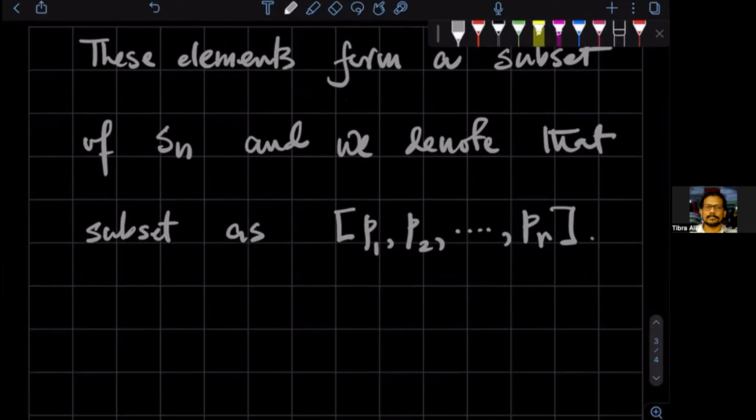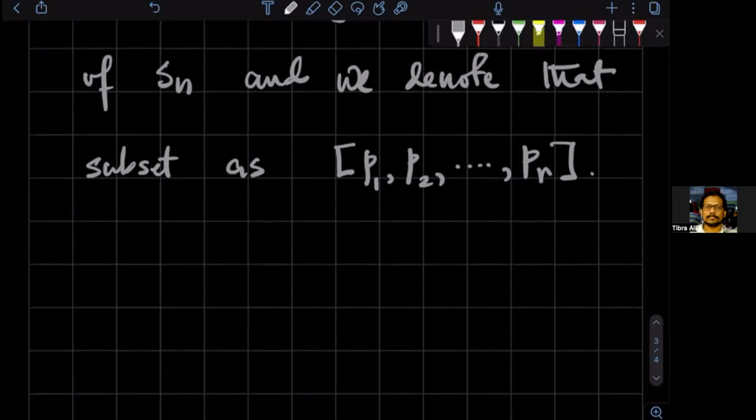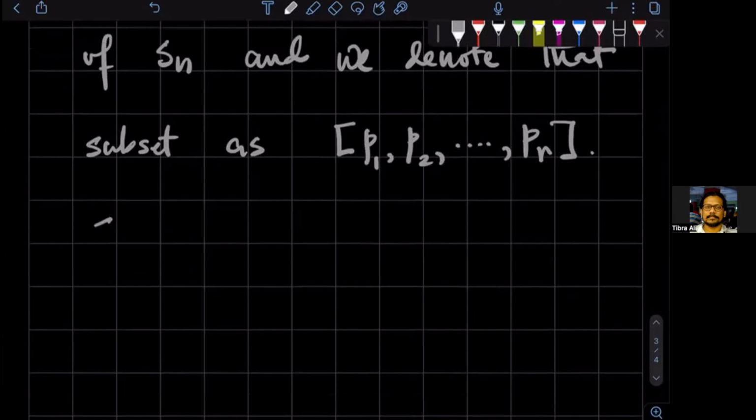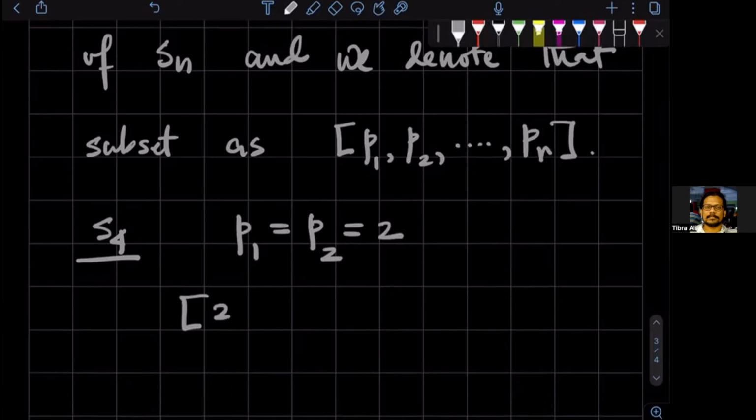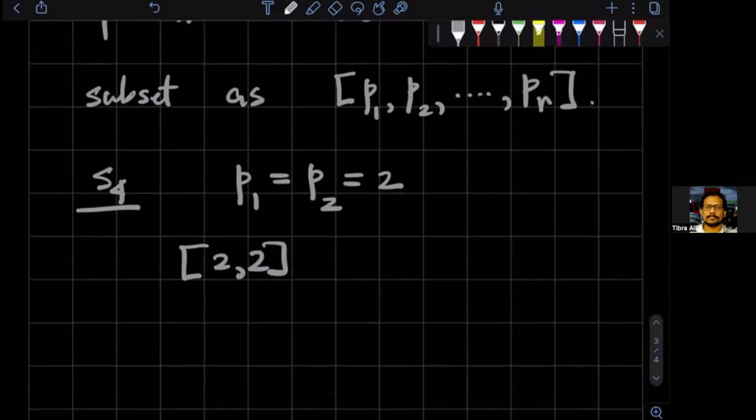So, for example, if I take, say, S4, and I say, okay, I'm going to consider the subset in which P1 is equal to P2 is equal to 2, right? So I denote that subset as [2, 2]. Later on, we'll switch to a different notation, but for now, let's just use this notation. So what would be the elements of this subset?